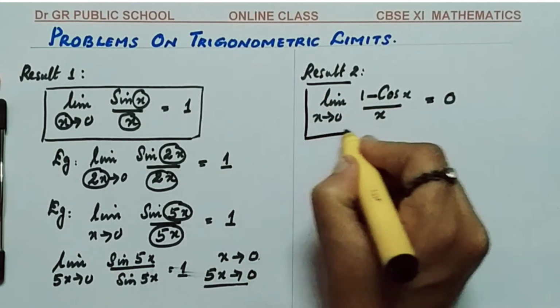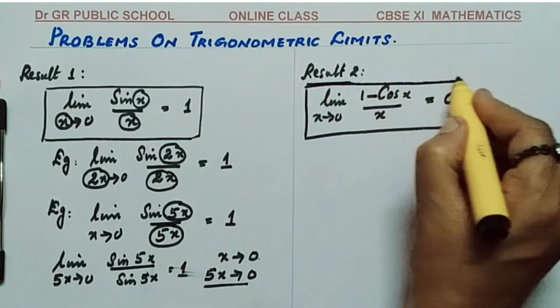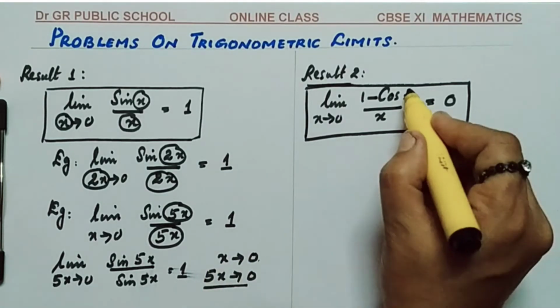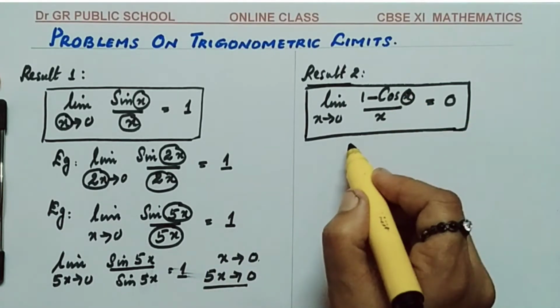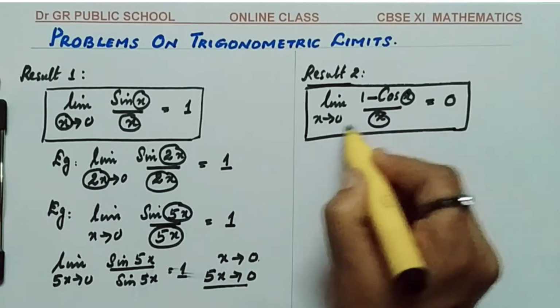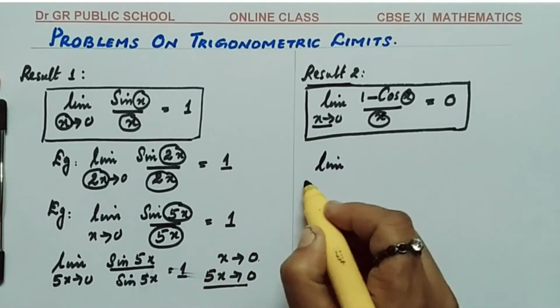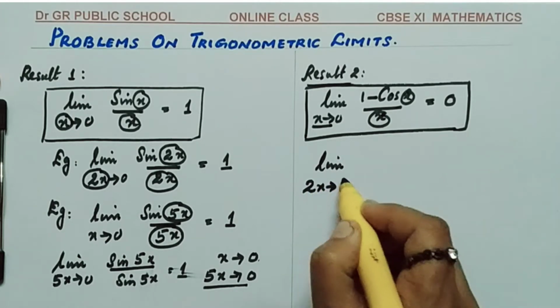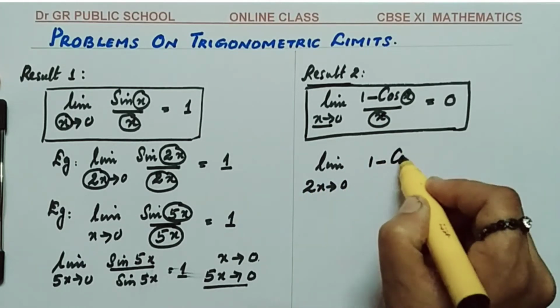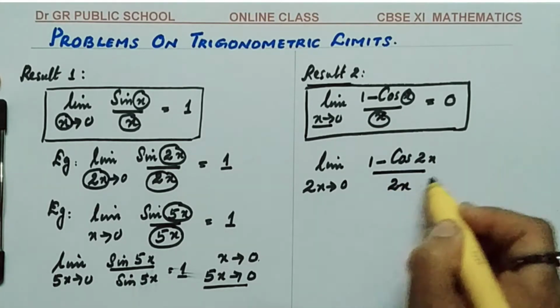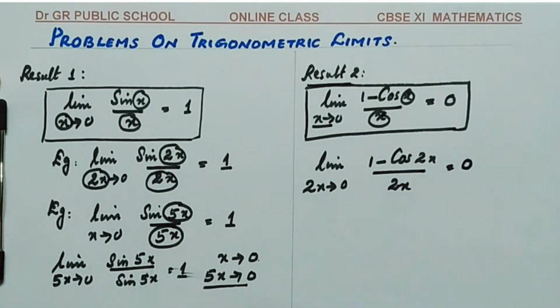Remember, if an x comes here, the same x needs to be in the denominator and that x needs to tend to 0. For example, limit 2x tends to 0, then 1 minus cos 2x, with the same 2x in the denominator, then only you can say 0.